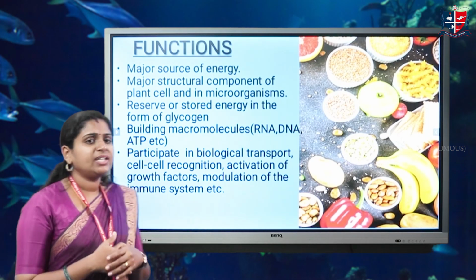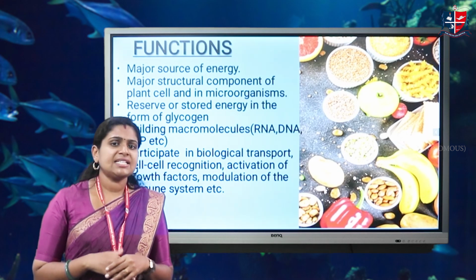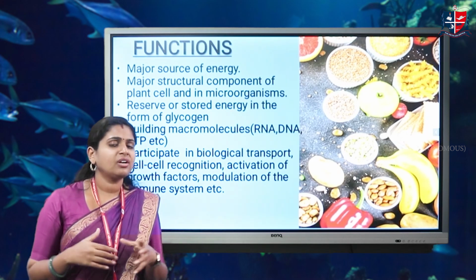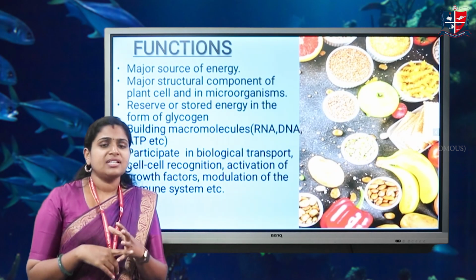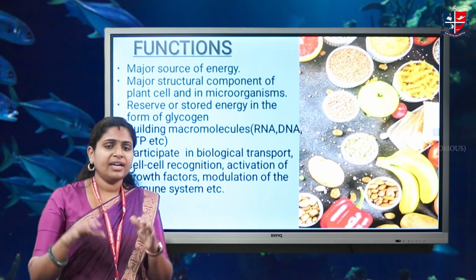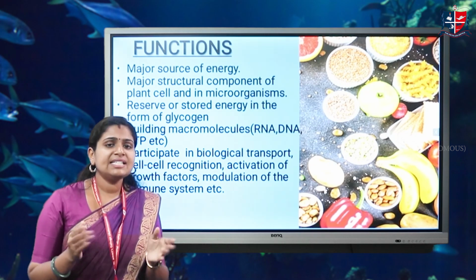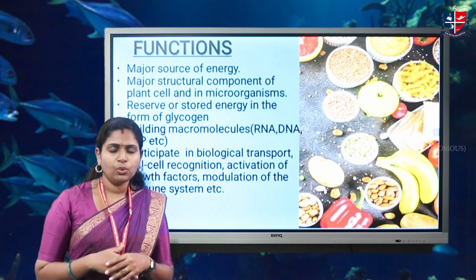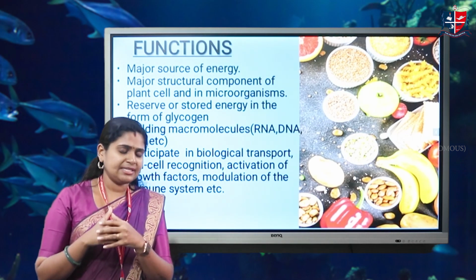And the second one is the structural component. Carbohydrates can act as one of the most important structural components in organisms such as prawns, crustaceans, etc. In their shell wall, we can see a molecule known as chitin, and this chitin is a carbohydrate molecule that provides the structural property to that organism.